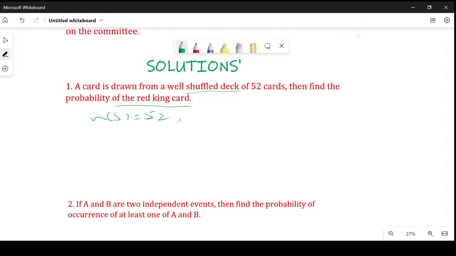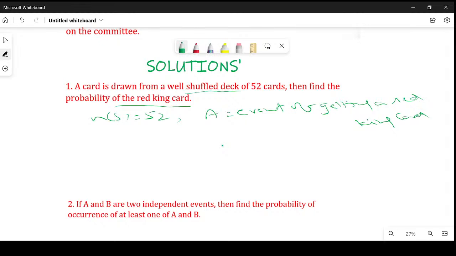Now consider A as the event of getting a red king card. Out of 4 kings, we have 2 black and 2 red kings.